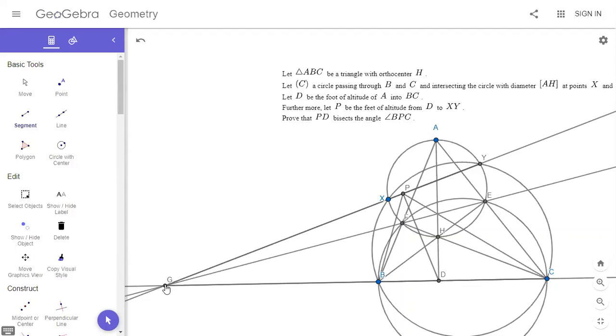And whenever you have B, C, D, and G in harmonic conjugation, if angle GPD is 90 degrees, then PD is the angle bisector of BPC. That's like the second video on my channel on projective geometry. Does that look familiar at all?